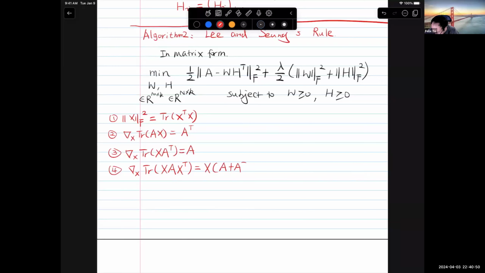So these are some identities in terms of matrix calculus. It turns out these will be extremely helpful.